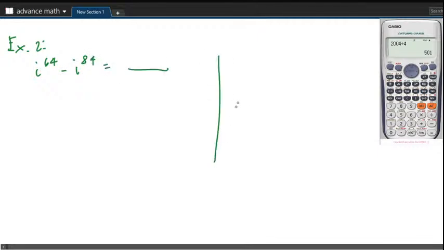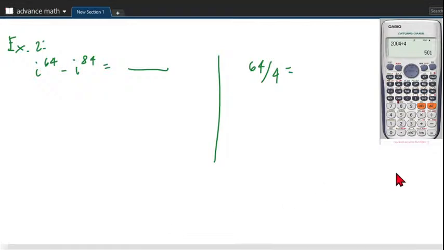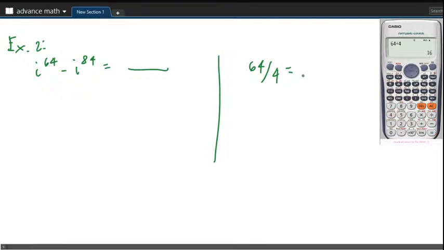So again, we will just divide our exponent by 4. Let's just have our calculator here. We have 64 divided by 4, this is equal to 16.